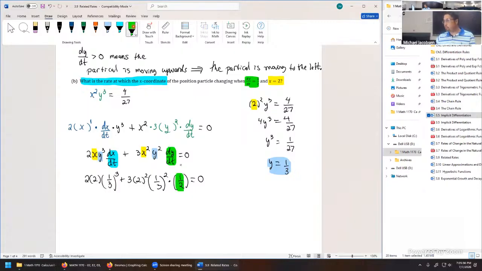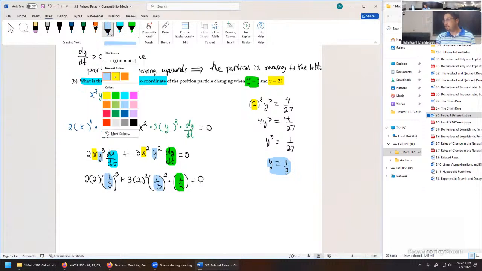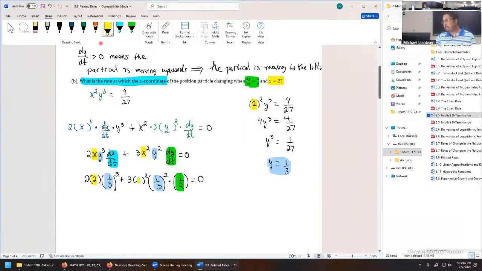The 1/2 came from dy/dt. The 1/3 is the variable y. And the 2's you see here are the variable x, and I missed something. I forgot to carry down dx/dt.